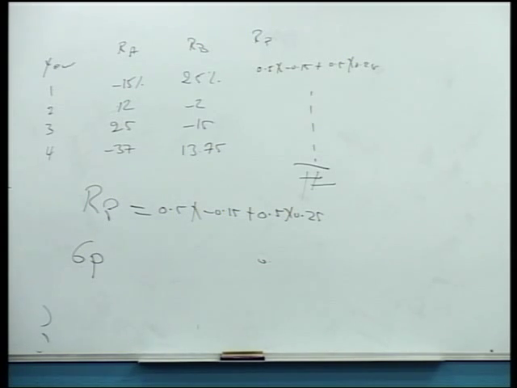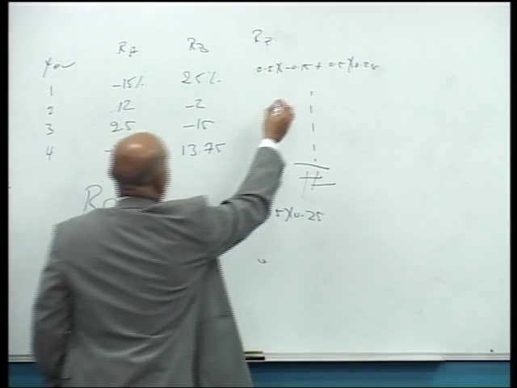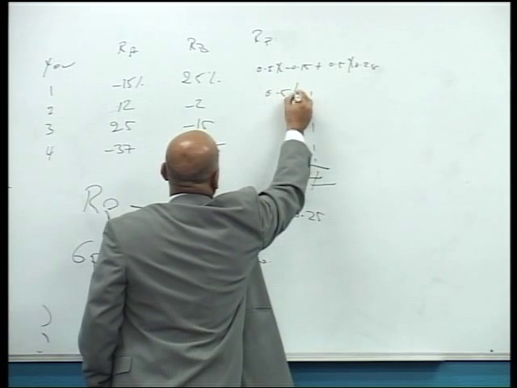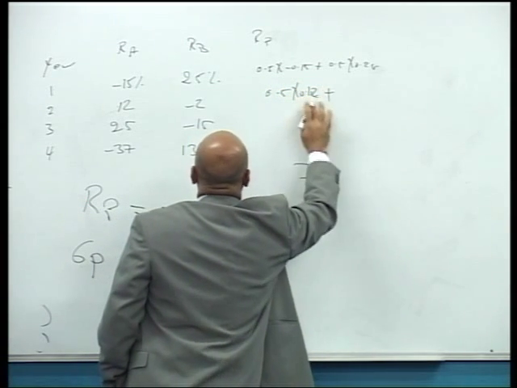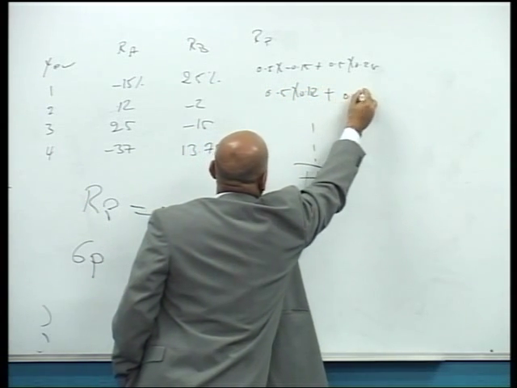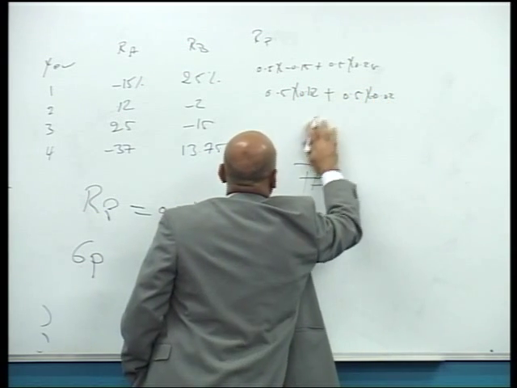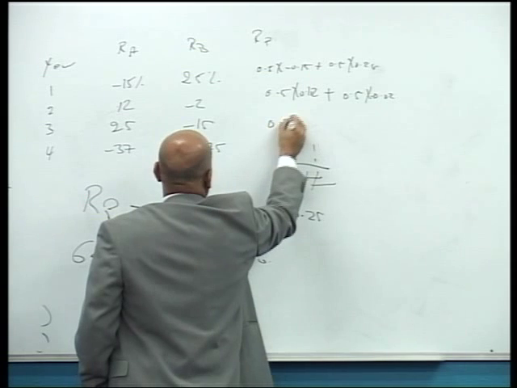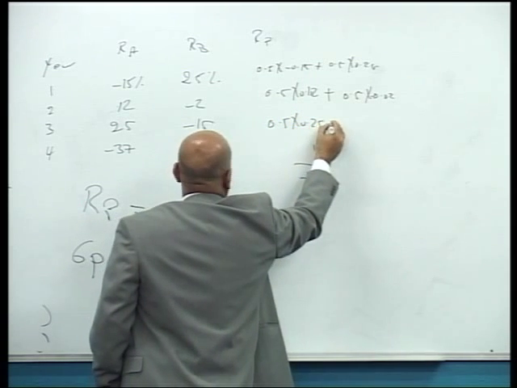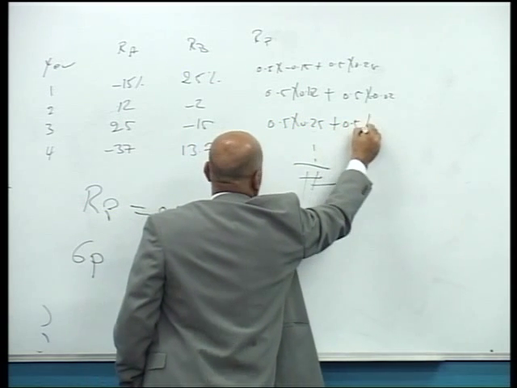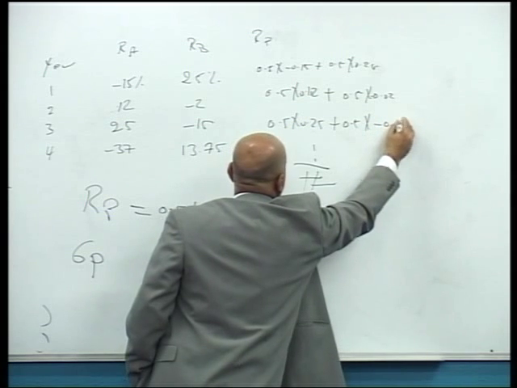The second: 0.5 times 0.12 plus 0.5 times minus 0.02. The third: 0.5 times 0.25 plus 0.5 times minus 0.15.